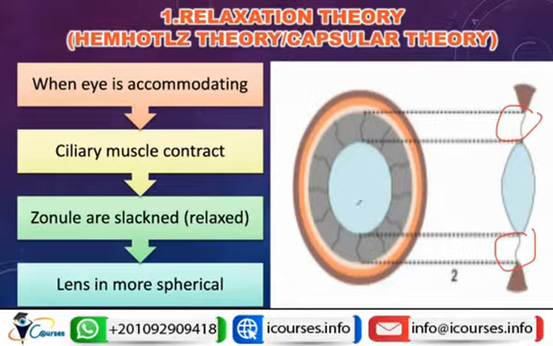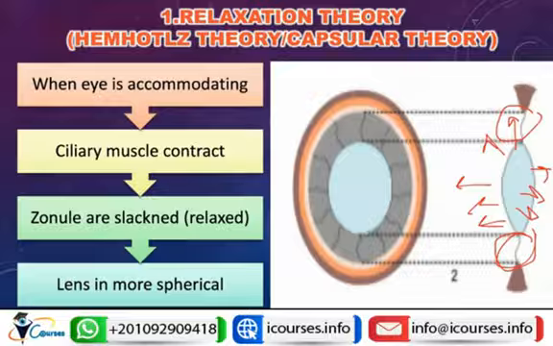Since the lens has an elastic capsule and a plastic substance, this elastic capsule will stretch, as there is no traction over it exerted by the zonule anymore. So it will stretch like this, increasing the anterior-posterior diameter of the lens, leading to a bulge, increasing its refractive power, and becoming more spherical, and the accommodation now occurs. So this is one theory for accommodation and how it occurs.